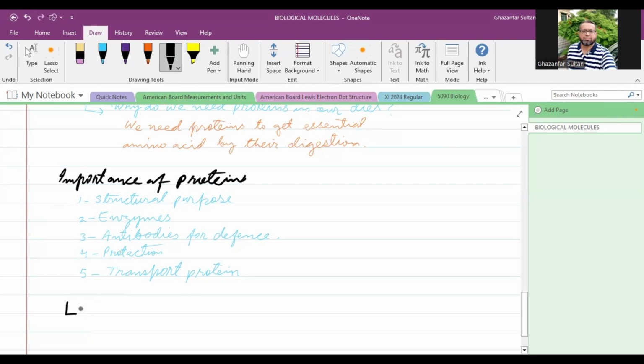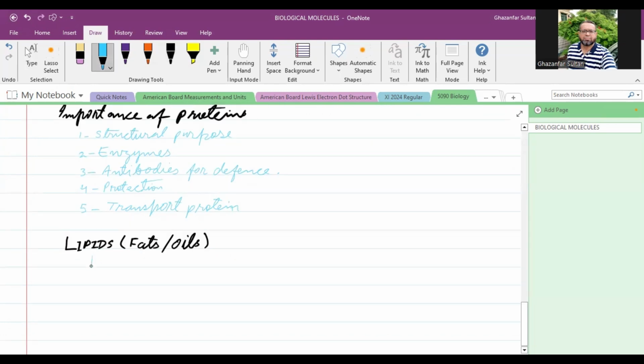And another class of biological molecule is lipids. And in our syllabus, out of several lipids, we have only fats and oils. Okay. So the elements in these lipids are carbon, hydrogen, and oxygen.